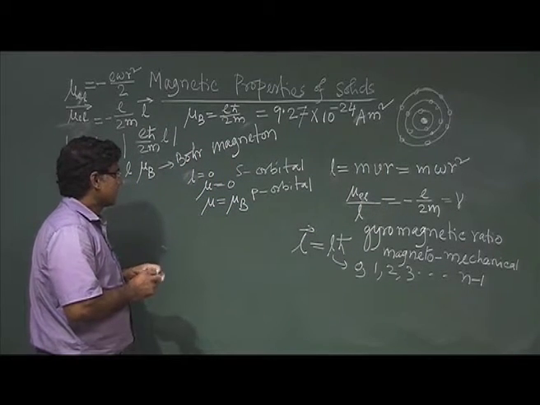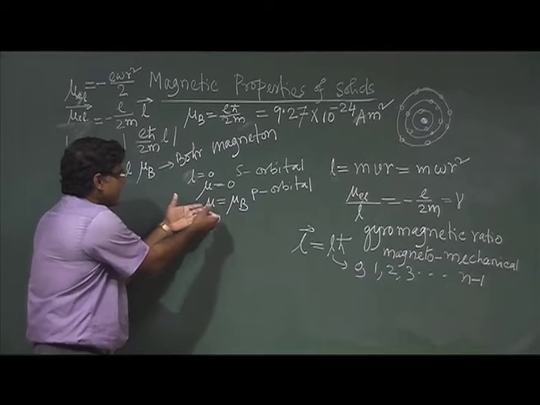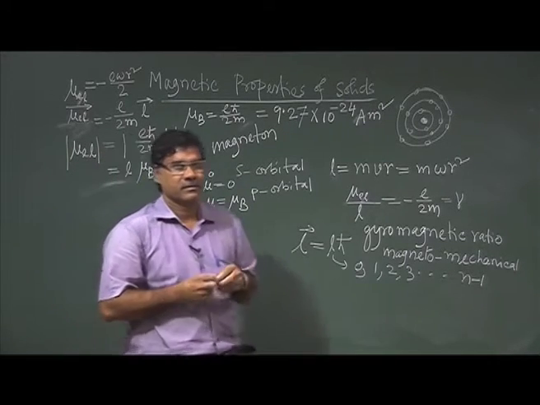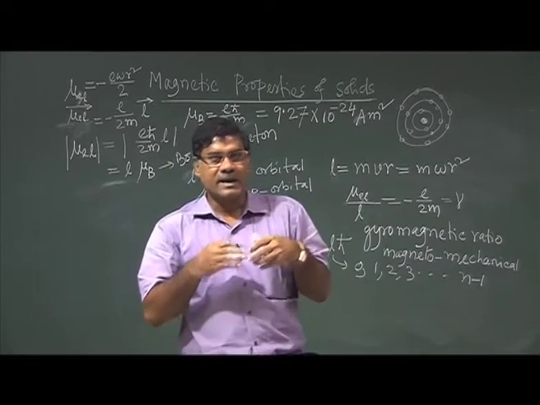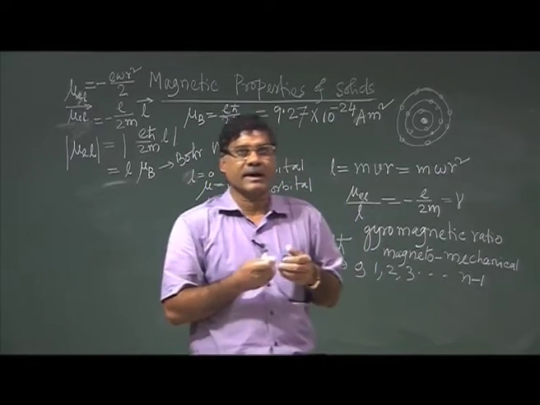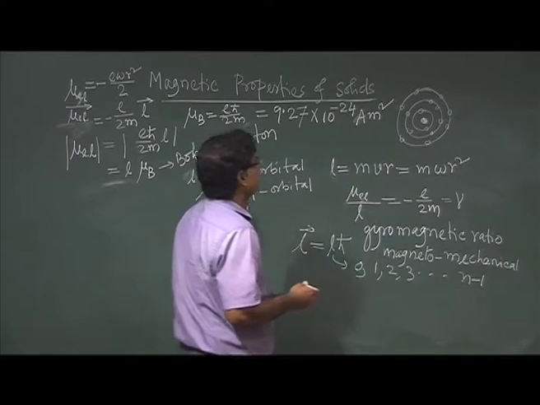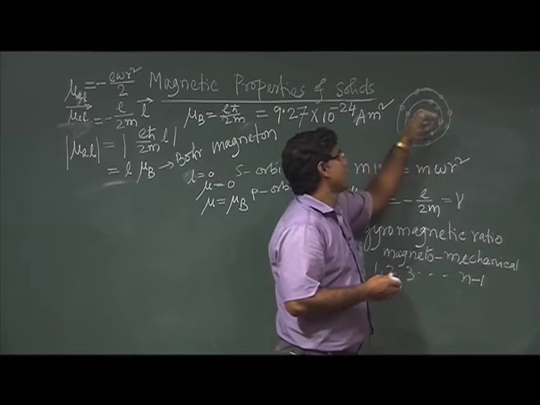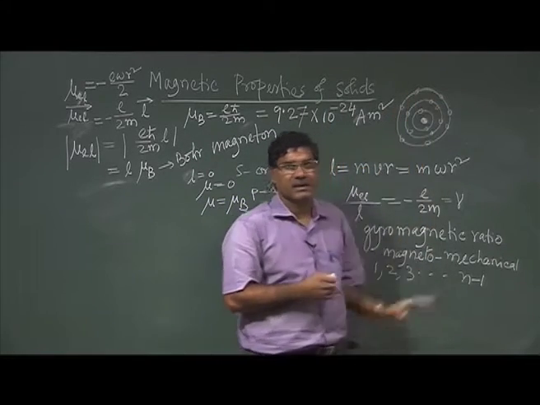So, to find out the resultant orbital magnetic moment, we have to take summation of these individual ones, right.